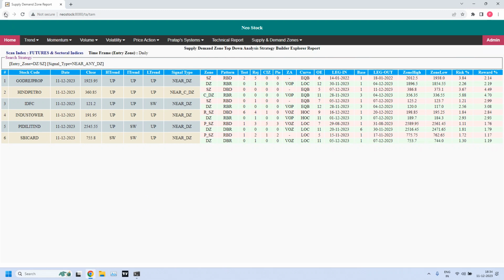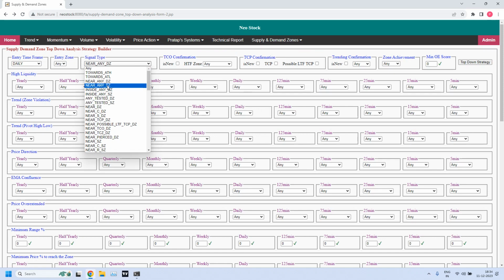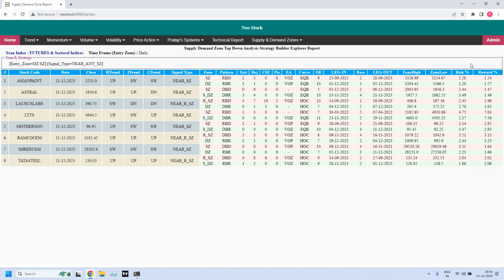Okay, let's go back. Entry time frame is daily. Let us find the stocks near the daily supply zone. So we have identified 8 stocks. Any high liquidity zones inside? Yeah, we have Laurus Labs, but it is already pierced 3 times. We never analyze pierced zones as per our high liquidity strategy.